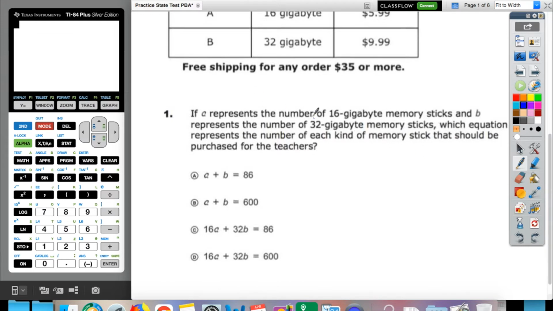So if A represents the number of 16 gigabyte memory sticks and B represents the number of 32 gigabyte memory sticks, which equation represents the number of each kind of memory stick that should be purchased? So A is the 16 gigabytes, B is the 32 gigabytes, so we need to represent an equation for the number of memory sticks that they can purchase.